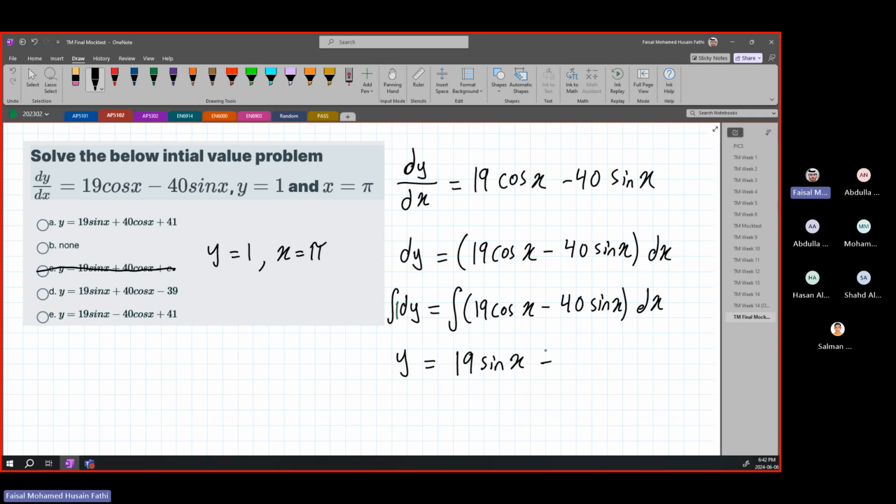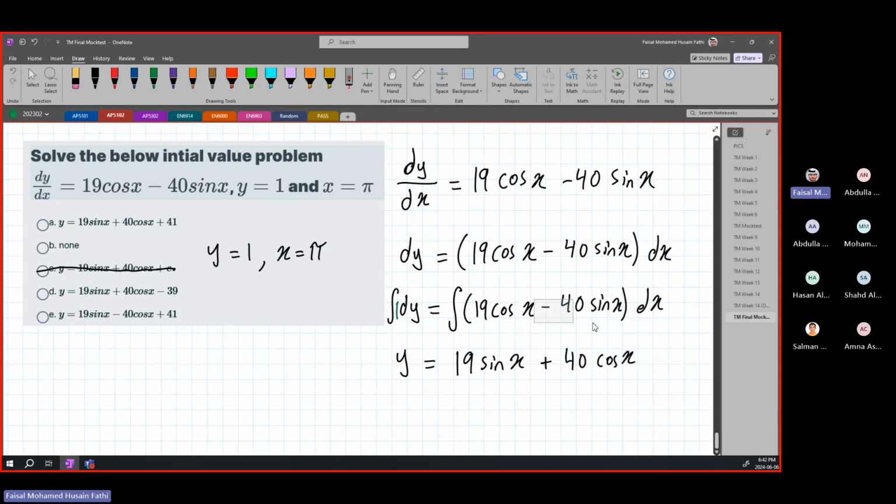Minus sine becomes plus, because minus and minus becomes plus, 40 cosine x. All right. Again, this was negative sine, but the integration of sine is negative cosine. Negative and negative becomes positive. That's why it is plus in between. Plus c.